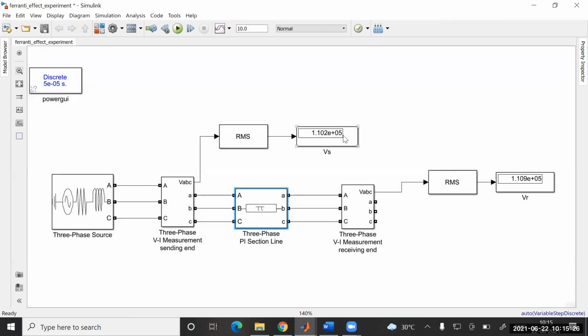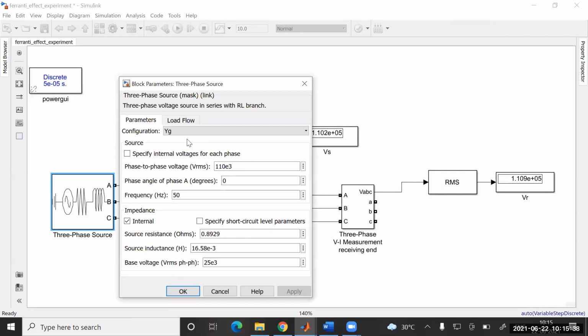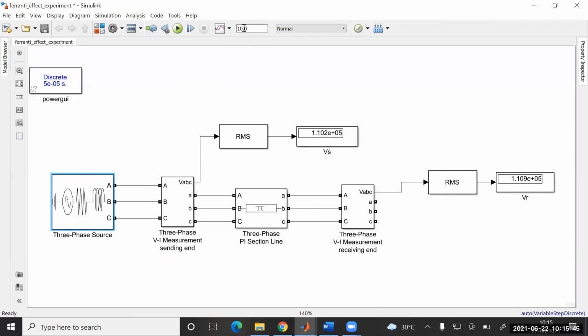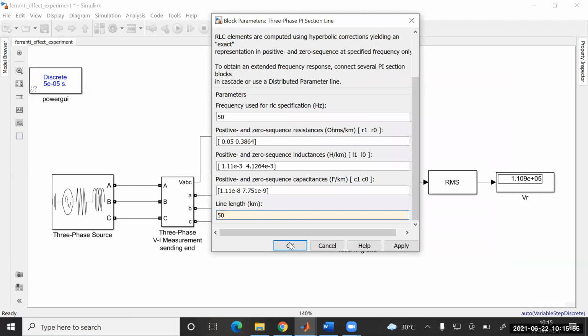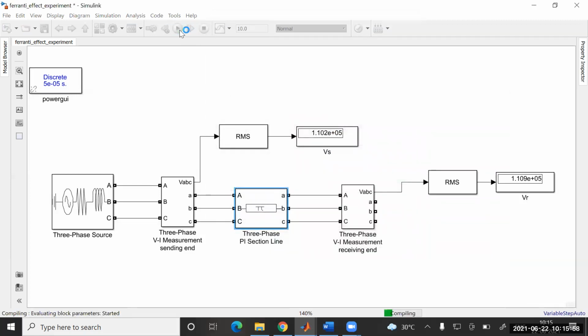See, very less. 110 is what we are using and what has been sent over here, right? This is what we are sending, is it right? If we increase more, lower, let's point out as 50 and 03.